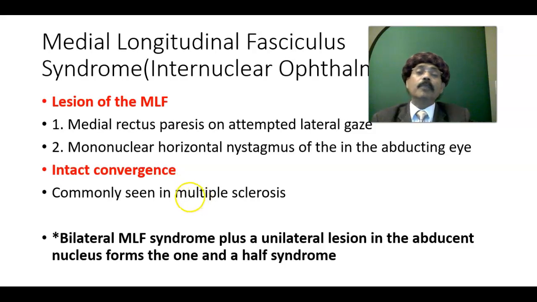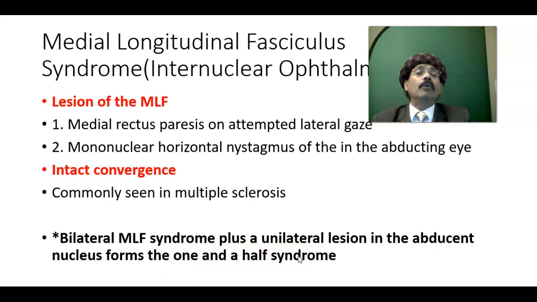It may be unilateral, it may be bilateral, and the fibers go down through the medial longitudinal fasciculus. So bilateral medial longitudinal fasciculus syndrome plus a unilateral lesion of the abducent nerve, which is the sixth cranial nerve, forms one-and-a-half syndrome.